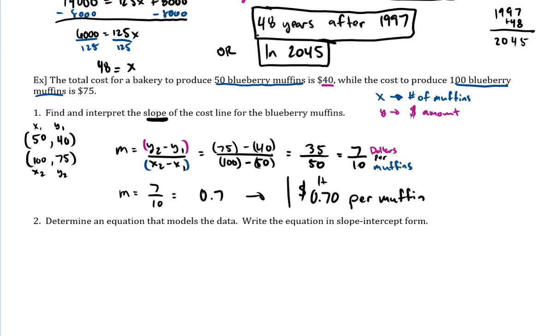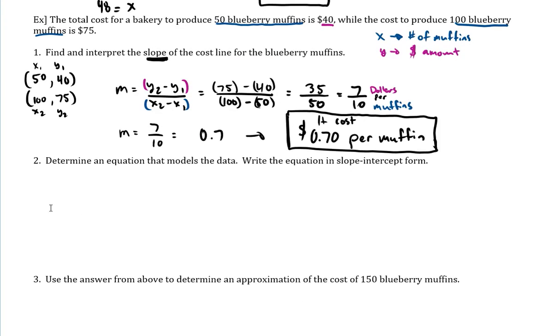So they said interpret the slope of the cost line. So it costs 70 cents per muffin. Okay, so that's what that means. So the slope is showing an average for this scenario. Okay, and then let's continue working with our slope and figure out what else they want.